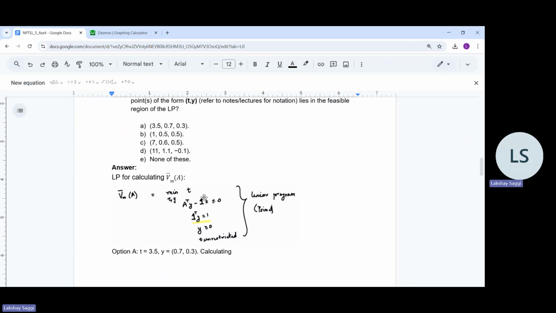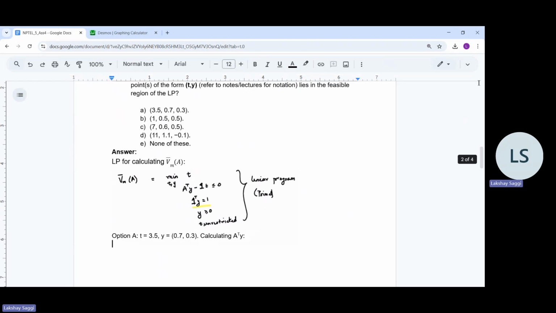Because 1 times t, where 1 is just a vector with all ones, and t is just 3.5, will just become a vector with all values as 3.5. So we can worry about it later, but for now we should just worry about calculating A transpose y. And how do we calculate this? Again, it's not too hard.